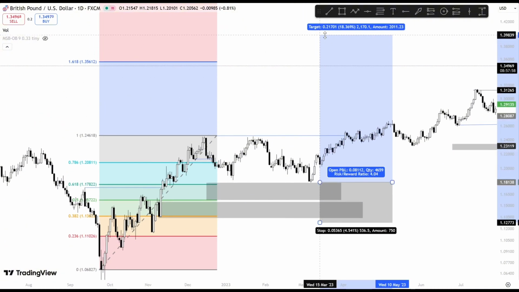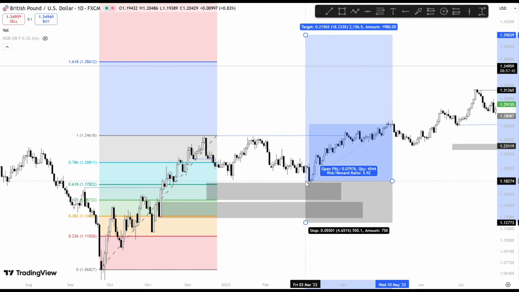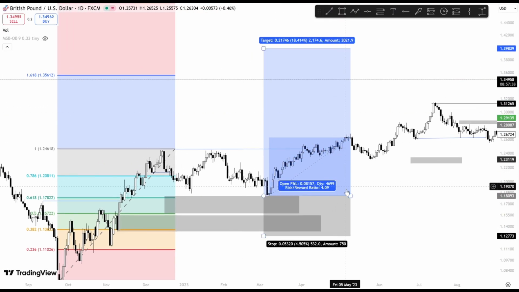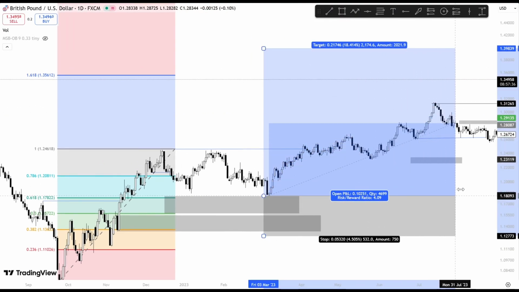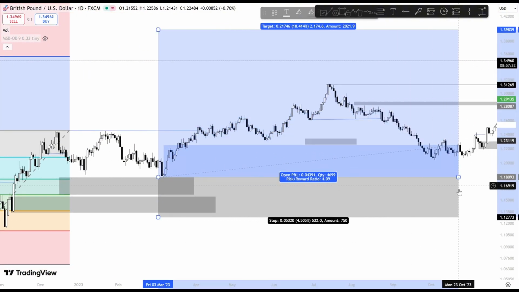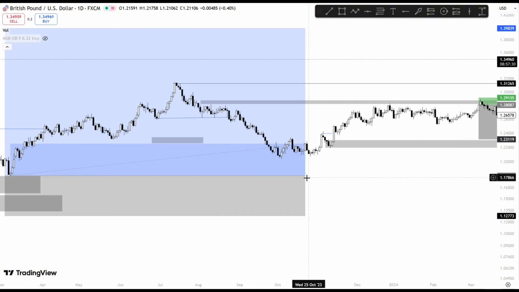Let's see. If you see, the market came down, left here as a liquidity because of our Fibonacci zone, then cleared that liquidity out and tapped in. See, snipes 1:4. Let's see if it went all the way. 1:4.